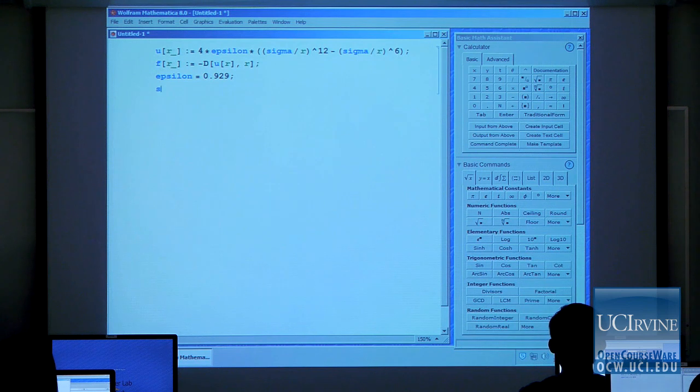And then sigma, the size parameter, is going to be 0.362, and this is in nanometers. All right. Now what I want to try to do is plot both of those functions, the energy and the force, so we can kind of see how they're related to one another.